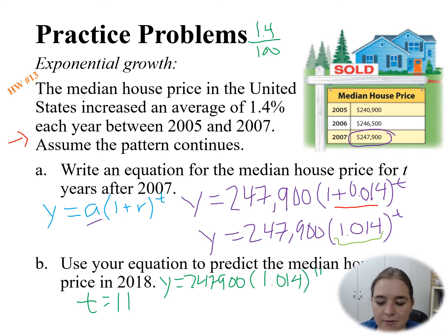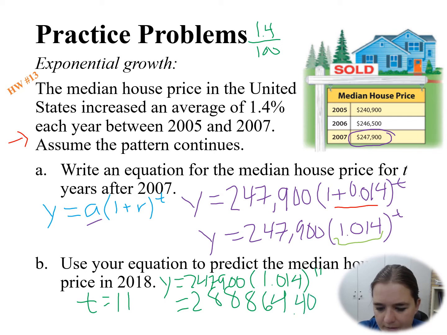What I want to do is take that answer and multiply that value by 247,900. My final answer is 288,864.4063.